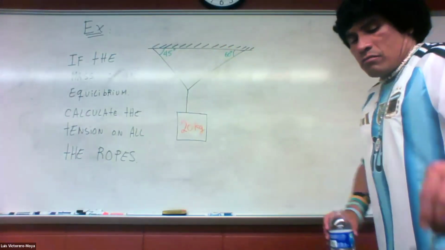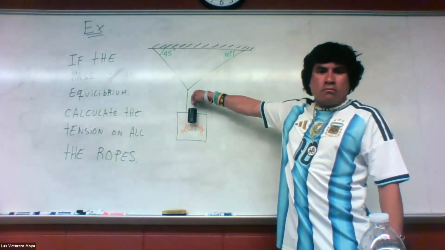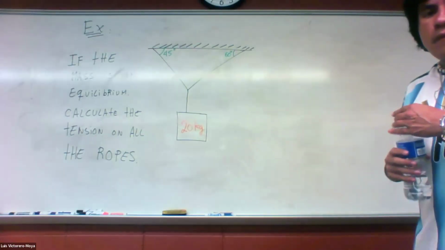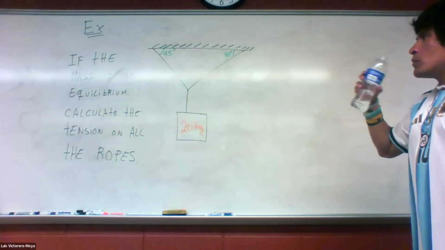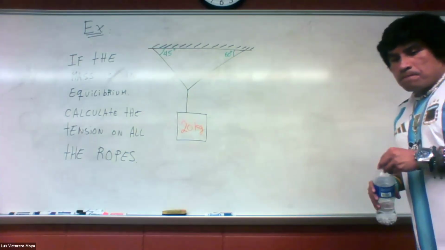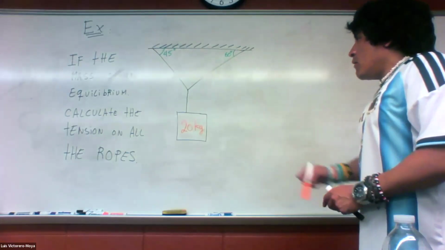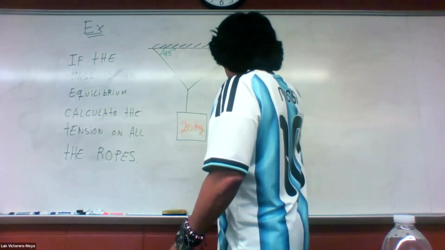So you have a mass hanging in there, in equilibrium, so not moving. Find the tension on all the ropes. Interesting, right? You're only giving the mass and the angles.